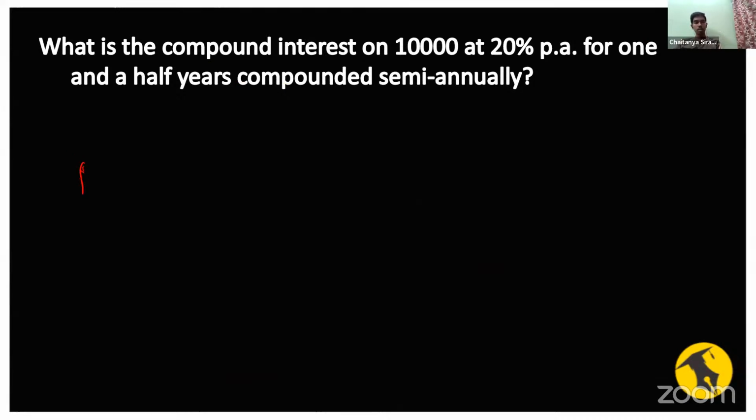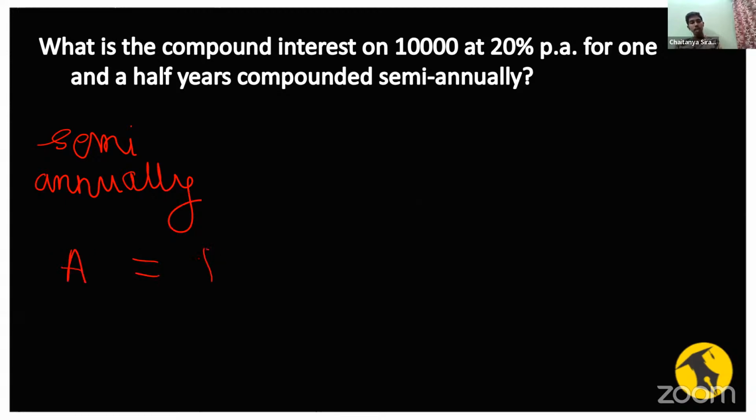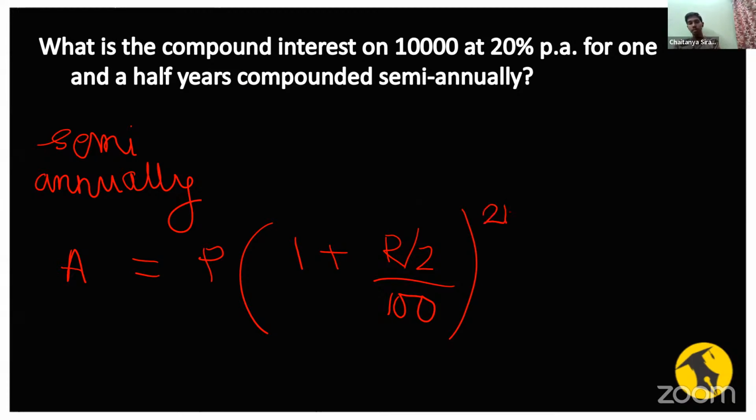So for semi-annually, the amount would be P into 1 plus R by 2 into 100, to the power 2n. Here the rate is the annual rate for every year, and you just need to do 2n here.